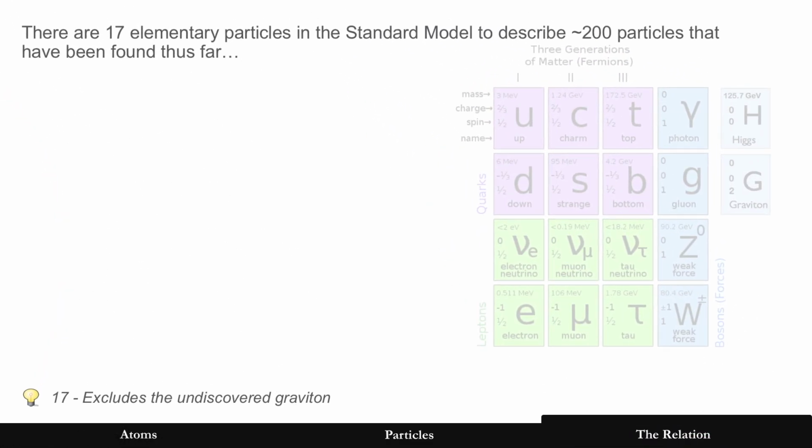There are 17 elementary particles in the standard model to describe roughly 200 particles that have been discovered so far. I know the standard model in this picture has 18, and that's because one of the particles, the graviton, is undiscovered, theoretical. So there's 17 at the moment for the standard model.